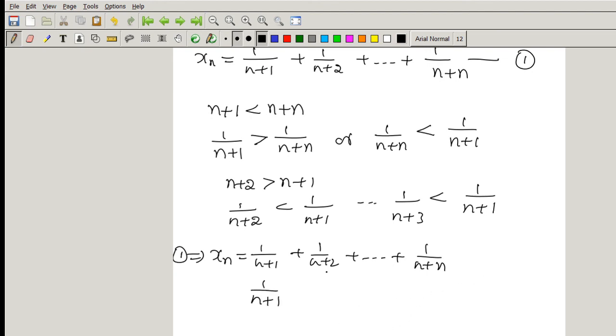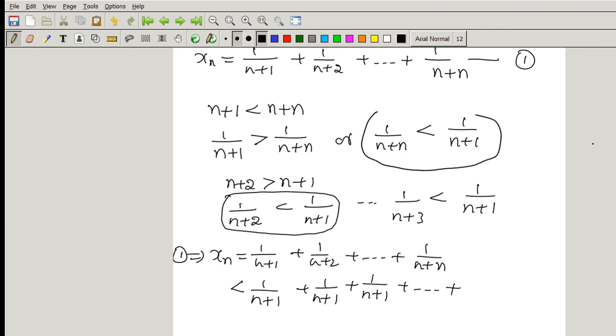But 1 by n plus 2 is less than 1 by n plus 1, and similarly 1 by n plus 3 is also less than 1 by n plus 1, and 1 by n plus n is also less than 1 by n plus 1.